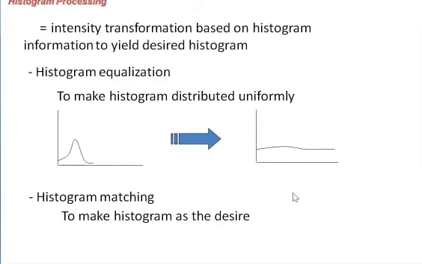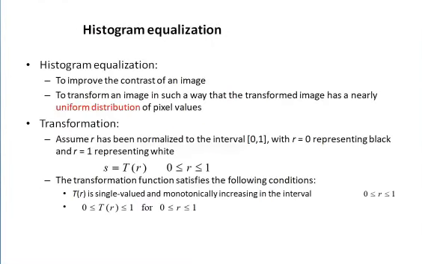That is the difference between histogram equalization and histogram matching or specification. So what is the use of histogram equalization? It is to improve the contrast of an image, to transform an image in such a way that the transformed image has a nearly uniform distribution of pixel values. This is the reason to do histogram equalization.